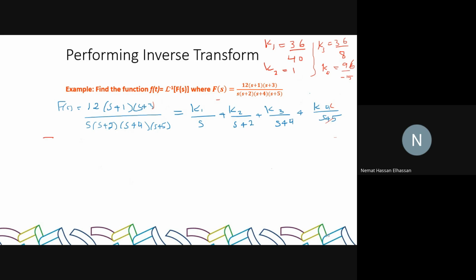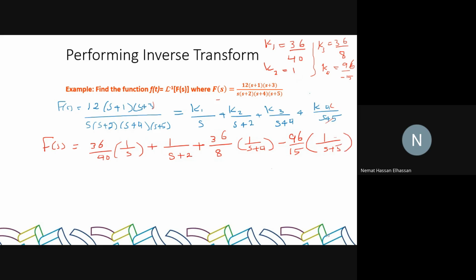So f of s is equal to 36 over 40 times 1 over s plus, 1 over s plus 2, plus 36 over 8 times 1 over s plus 4, plus or minus, because the last one is negative, 96 over 15 times 1 over s plus 5, right?